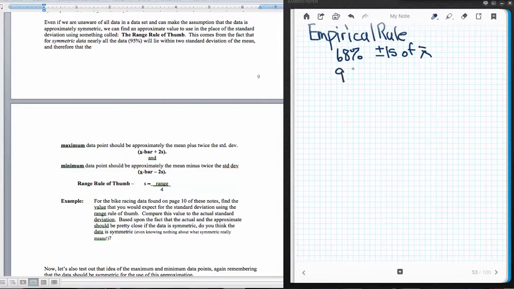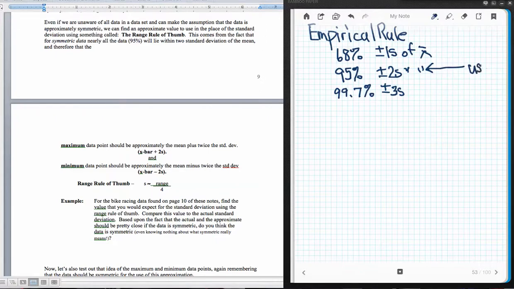And 95% of all data is within 2 standard deviations of the mean. And then within 3 standard deviations of the mean, we have 99.7% of all data. And this is plus or minus 3 standard deviations. And then the other thing that we note is that these are the values that are usual.